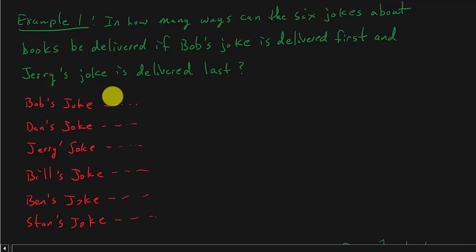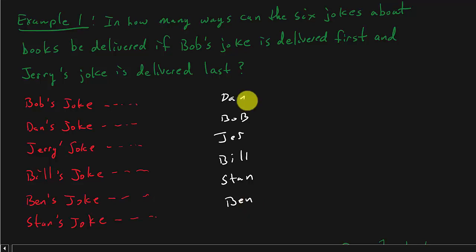Now, in this case, remember, these are permutations. The order makes a difference. I'm going to show you how this order makes a difference. So let's just suppose that they deliver the jokes like this: Bob, Dan, Jerry, Bill, Ben, and Stan. That's how the jokes are delivered. And then let's say that we do Dan, Bob, Jerry, Bill, Stan, and then Ben.